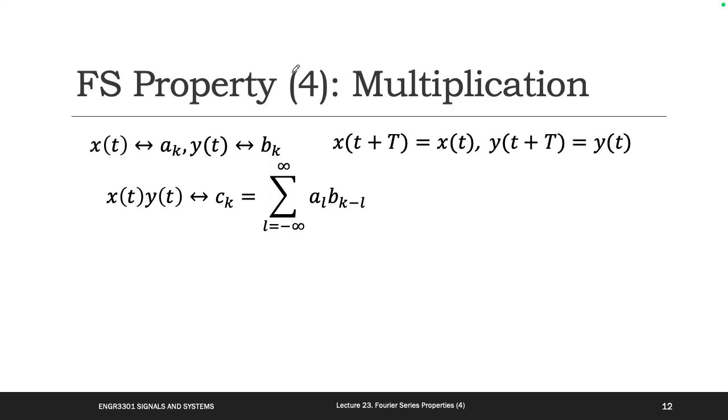What's this? Are you familiar? Actually, it is the DT convolution sum. Am I right? If you remember that, it is just equal to ak convolved with bk. That makes sense to you?